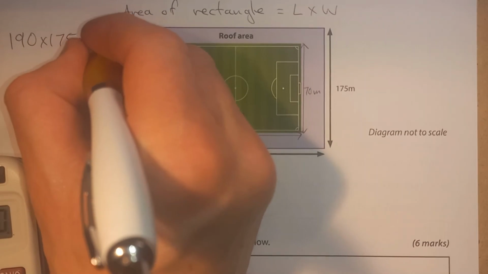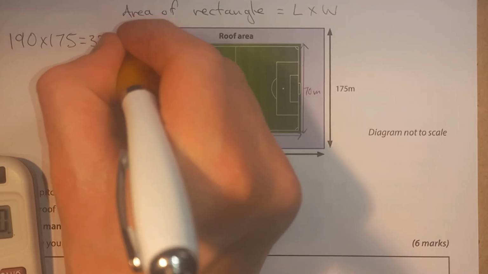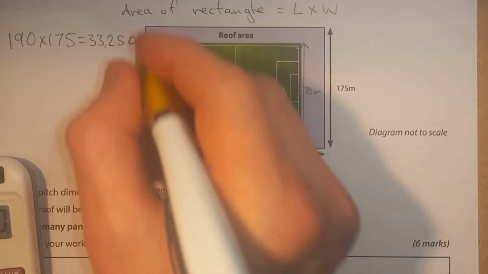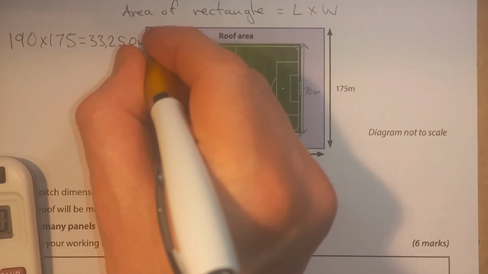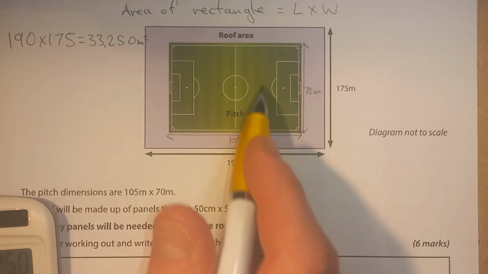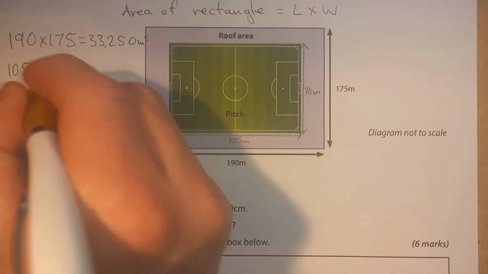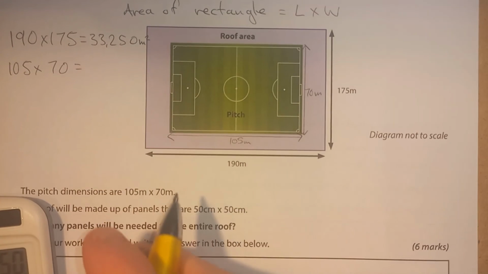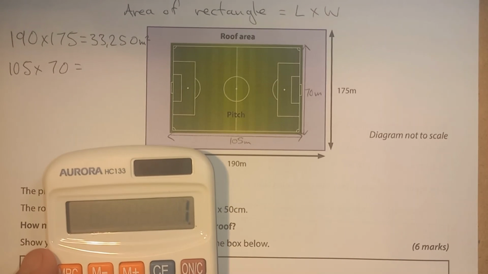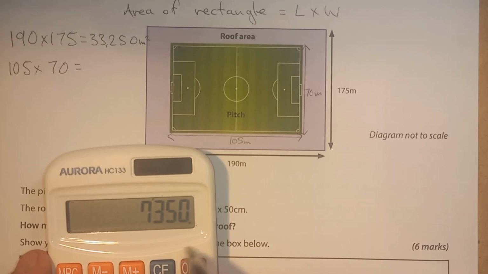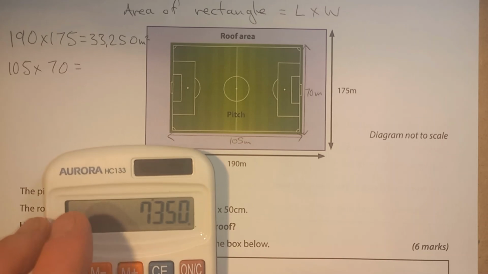So 33,250. And that's going to be meters squared. We don't want this bit in the middle, which is the 105 times 70, which is 7,350.